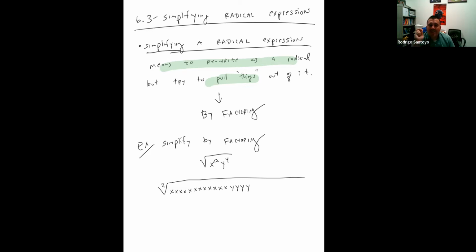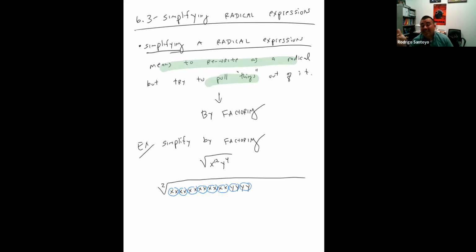Okay, this is where I want you to understand what we're doing. We look at the index. The index is going to tell us how we're going to circle. This index is 2, which means we are going to circle 2 of the same things. That's 2 of them, and that's 2 of them.